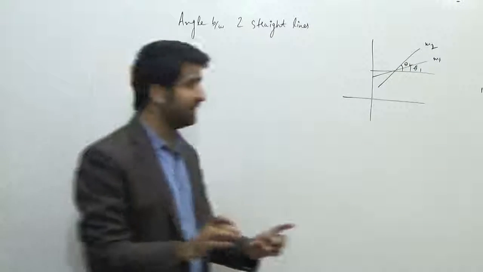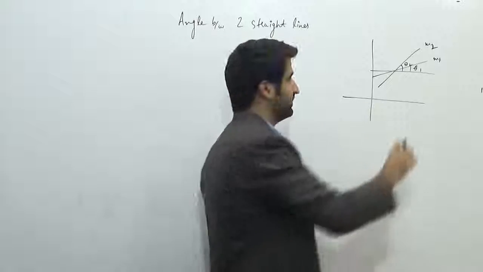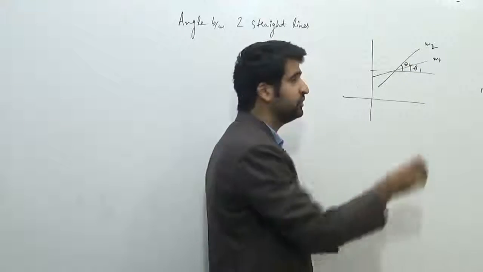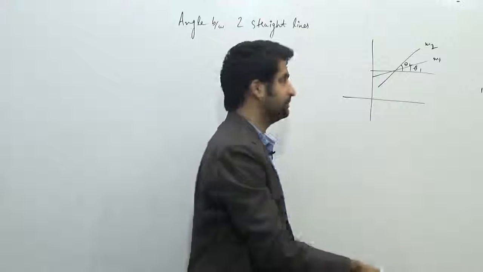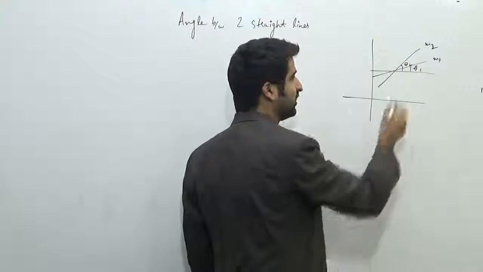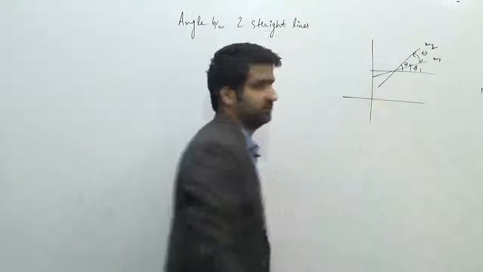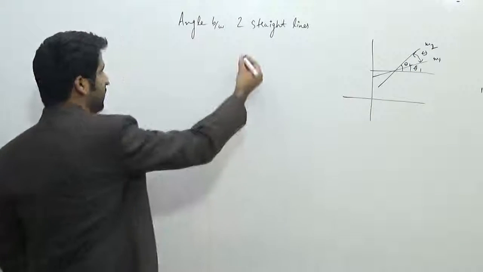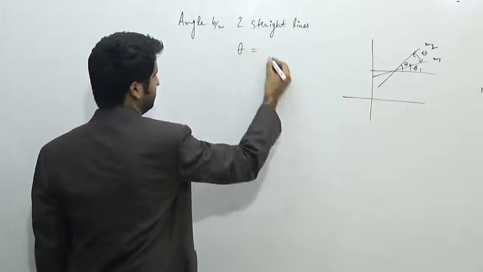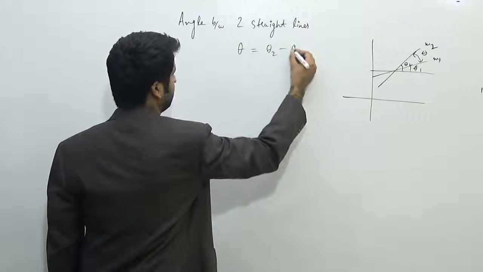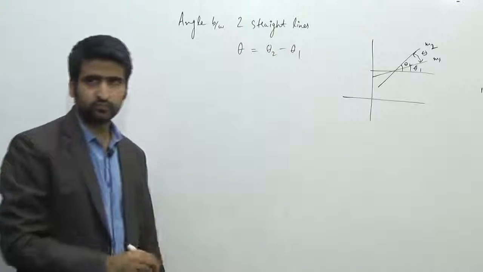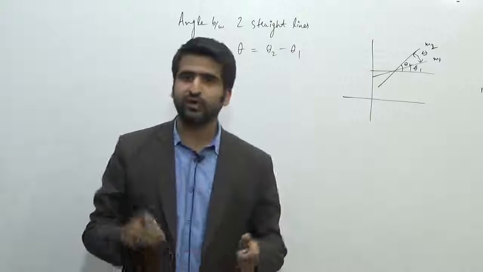Now what I have to find is the angle between these two lines. The angle between these two lines will be equal to theta 2 minus theta 1. So the bigger angle minus the smaller angle will give you the angle between these two straight lines. So I have to calculate theta, which is nothing but theta 2 minus theta 1. Now we are going to use a little bit of trigonometry.